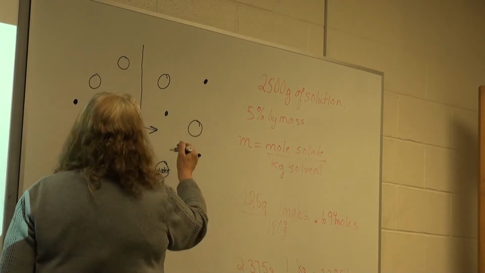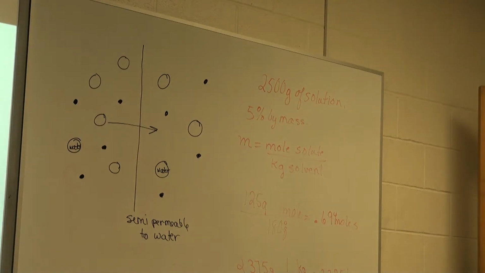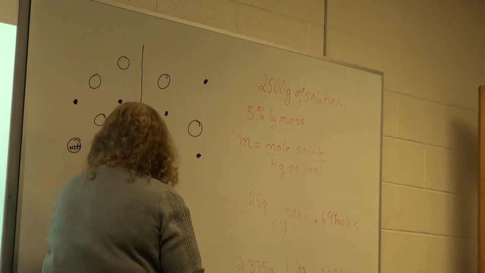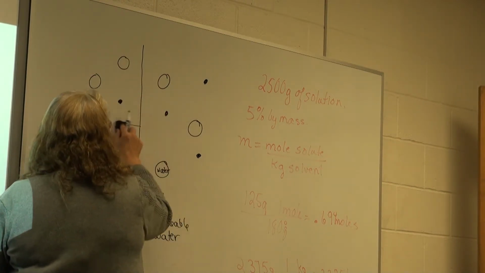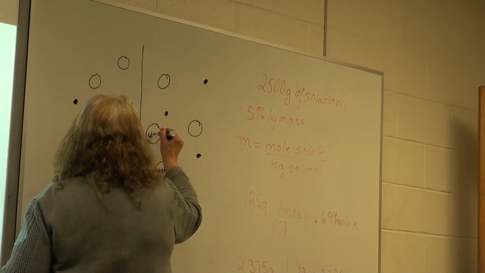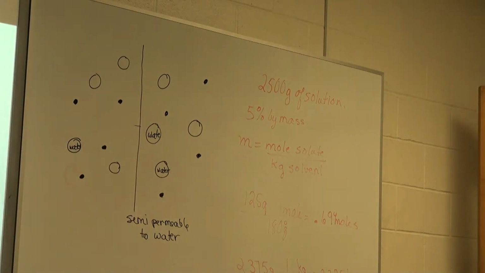I have 3 out of 7 over here. Over here I have 5 out of 9. So if this water molecule crosses over there, that process is called osmosis. And now I have basically the same concentrations on both sides.